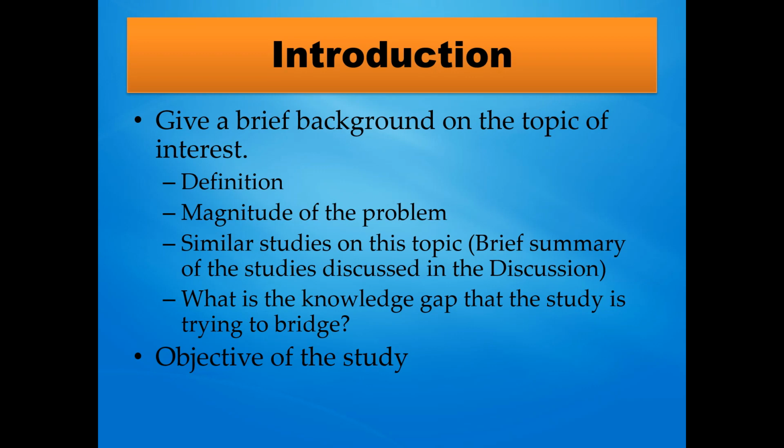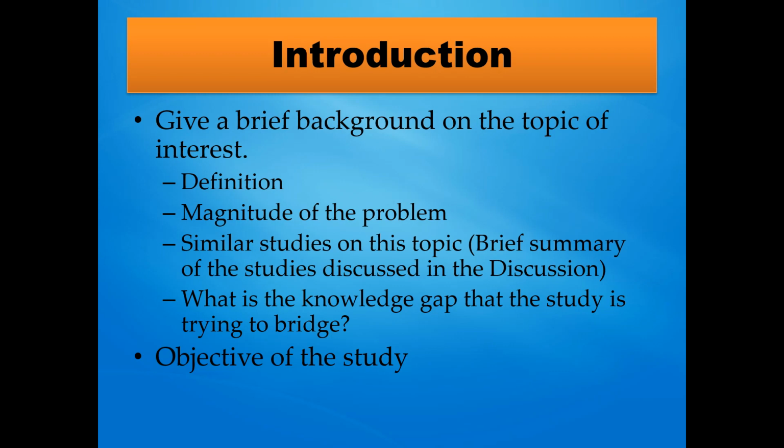However, you should also introduce some of the previous results in your introduction section, to let the readers know what has been done on this topic and what is new about your study. And then finally, what is the research gap that your study is trying to breach. And lastly is the objective of the study.